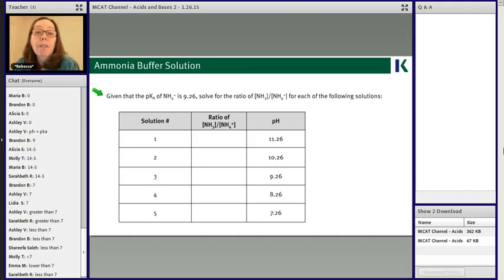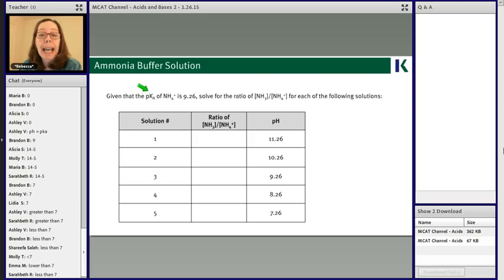Ammonia is another favorite of the PCAT for a lot of different reasons, but let's play with it and see what we can learn about it. And we're going to use the Henderson-Hasselbalch equation without even really knowing too much about it. So pKa, and this is important, always pay attention to whether you're given the pKa or the pKb.